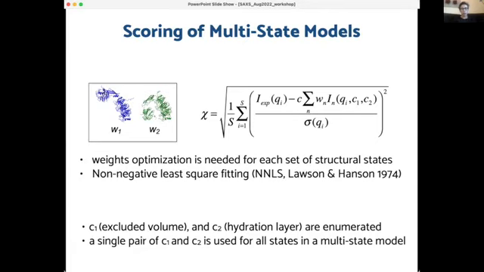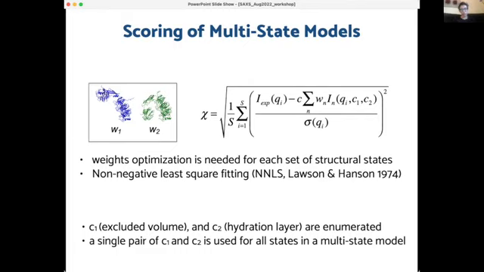Now we can improve our score to account for multiple states. So this is chi-square when we have a weighted average of the profiles for all states. And the weight here, W, can be optimized using non-negative least square fitting.